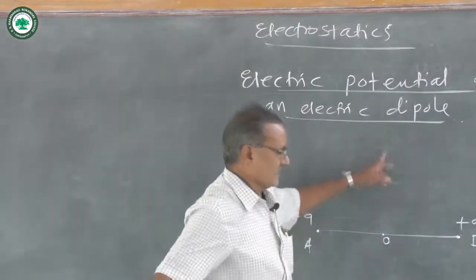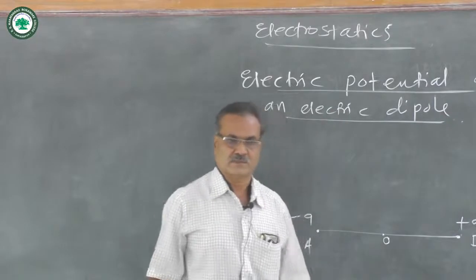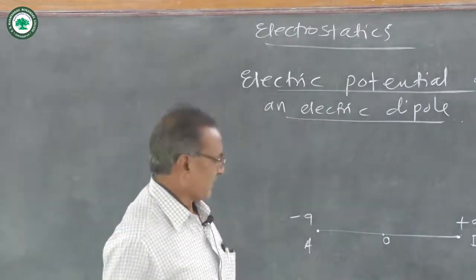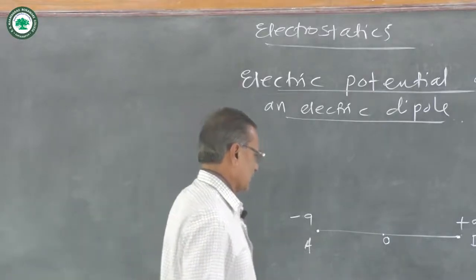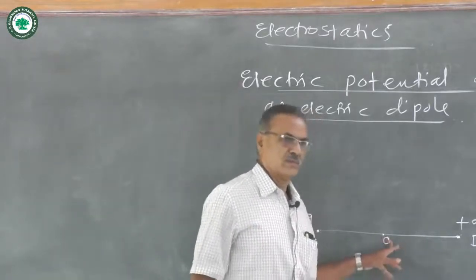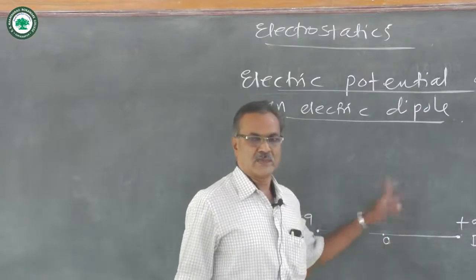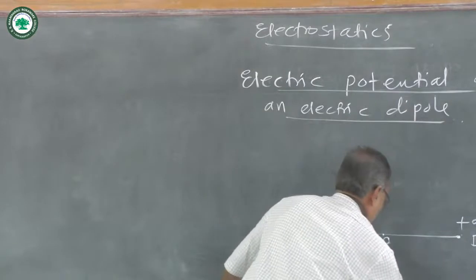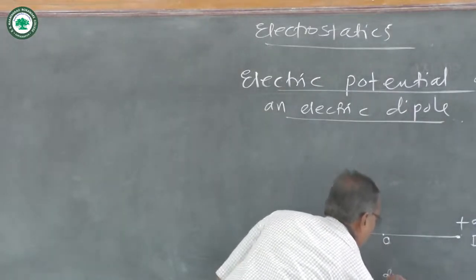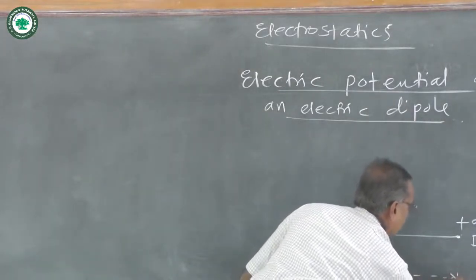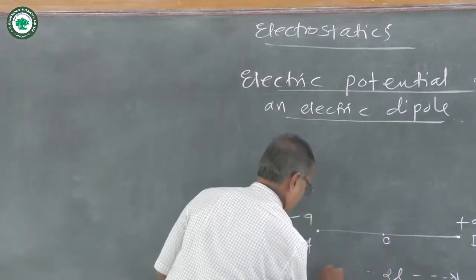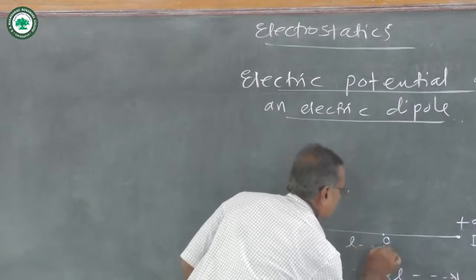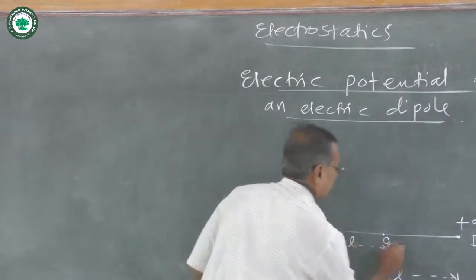The line passing through point O perpendicular to the axis is called the equator of the dipole. Now, the dipole length is twice L. It means the length of each half is L.